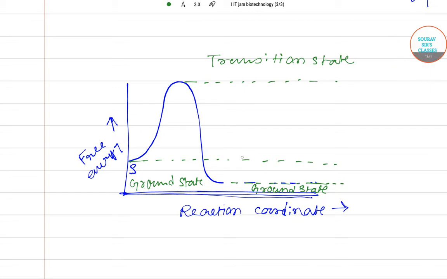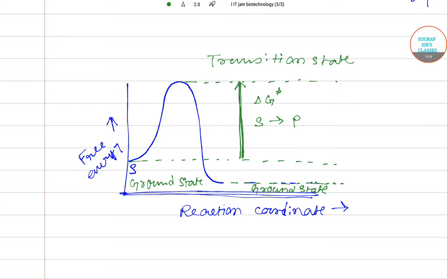So from this ground state, if we draw a straight line or measure it, this is the free energy change, that is del G, for the change of substrate to product.